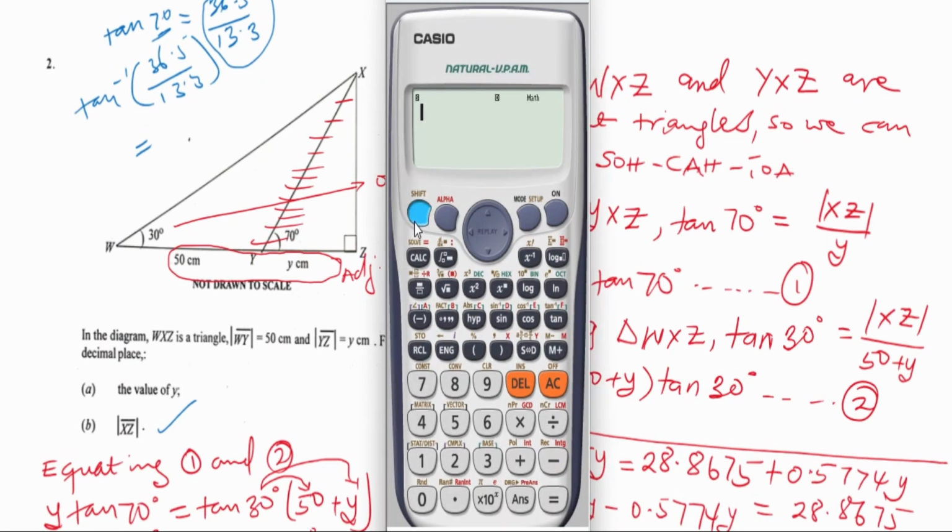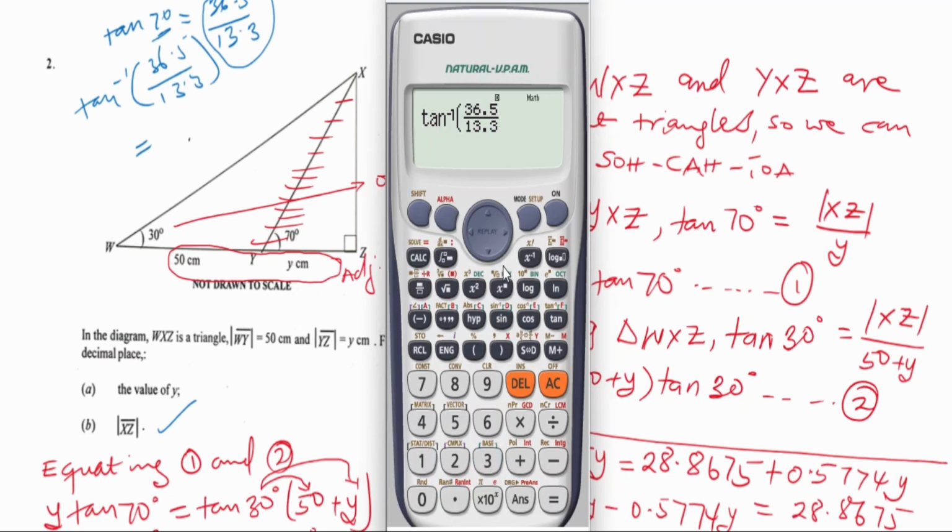So tan inverse, press shift before tan. So tan inverse of, let me use the fraction, 36.5 divided by 13.3.